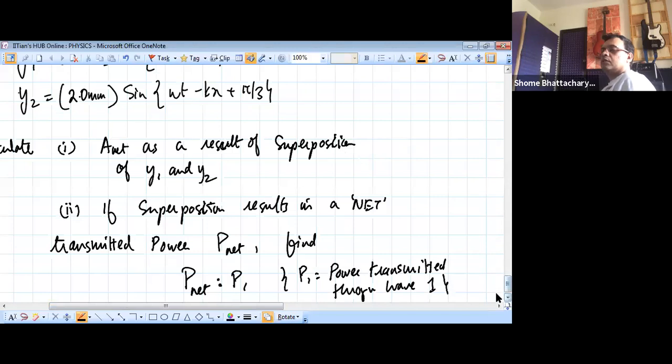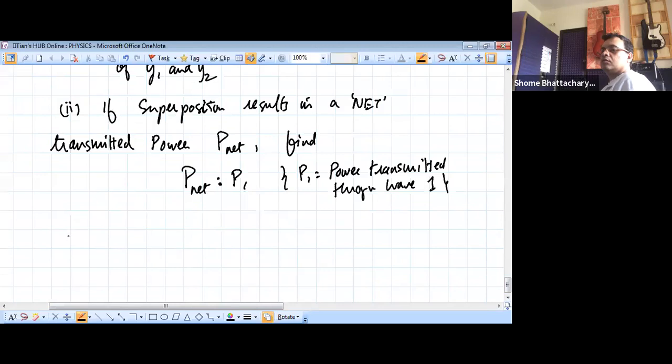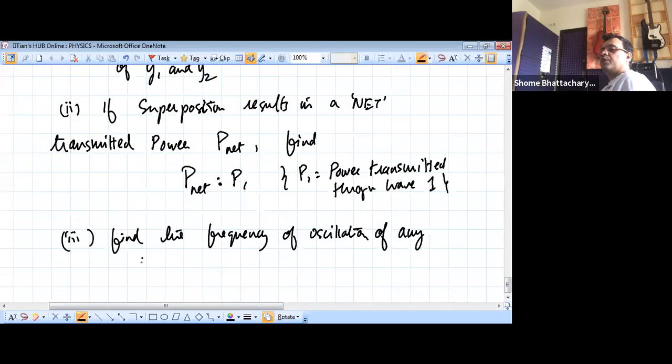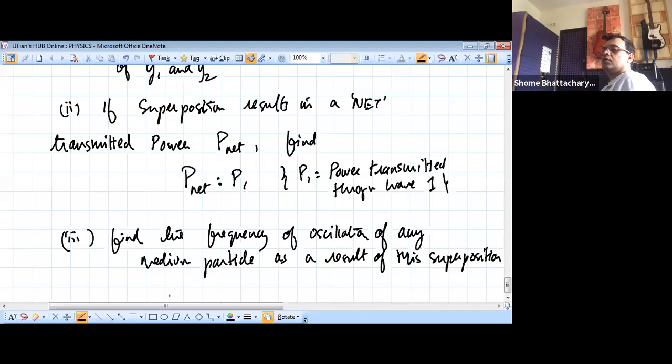Then find the frequency of oscillation of any medium particle as a result of this superposition, and find the resultant wave's wavelength.